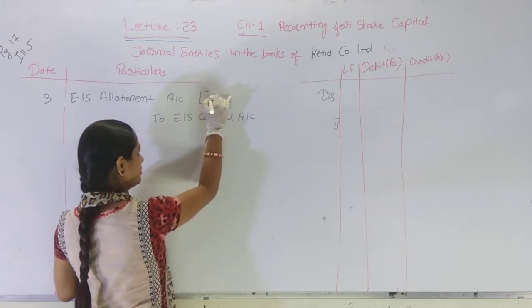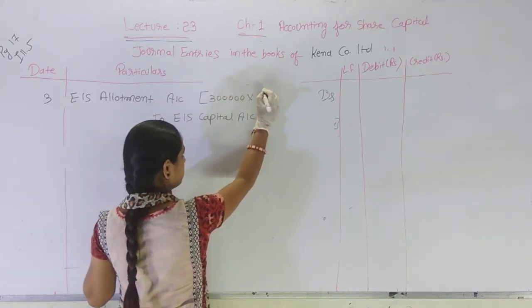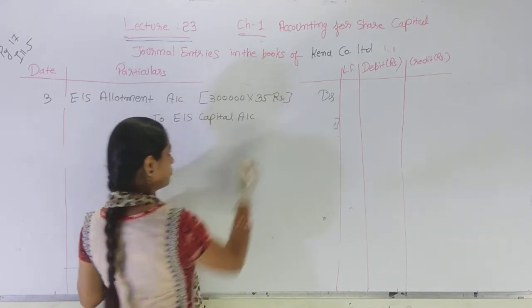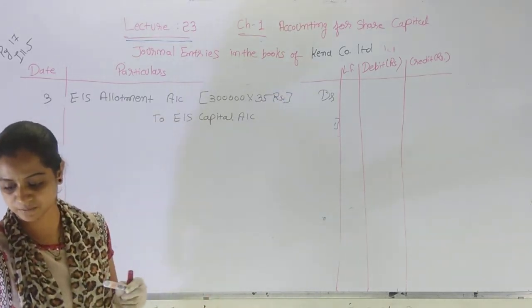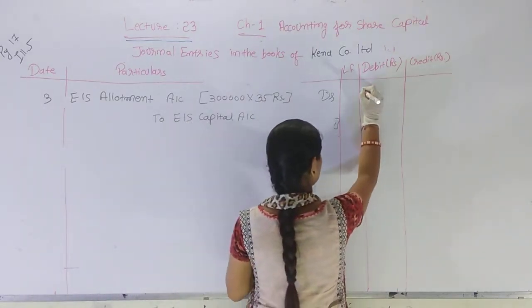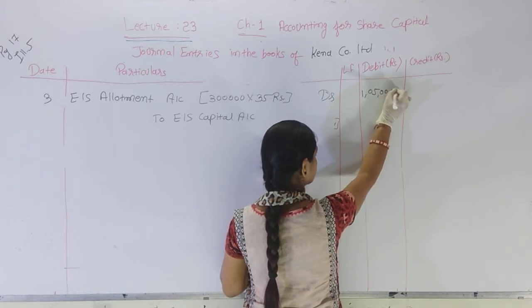The number of shares will be 3 lakh because we have written the additional application. 3 lakh into we have demanded 35 rupees, right? So we have to receive 1 crore 5 lakh rupees.